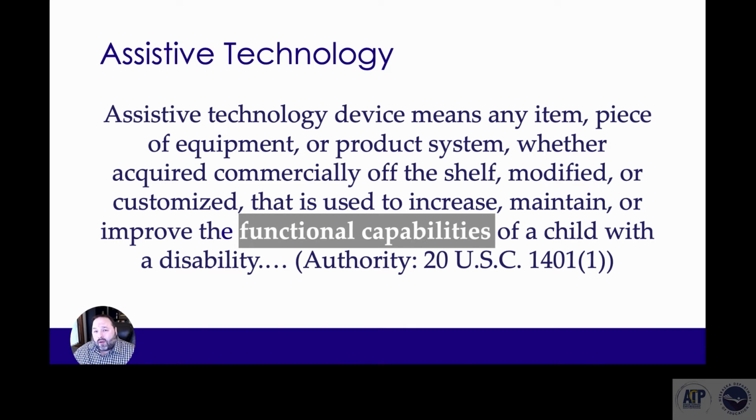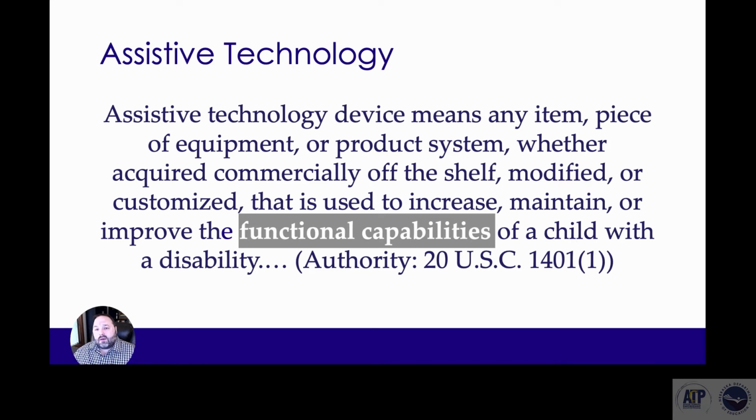These are all examples of functional capabilities, and these are all examples of where assistive technology may be needed for a particular student. The most incredible thing about assistive technology is how many different areas it can potentially impact.